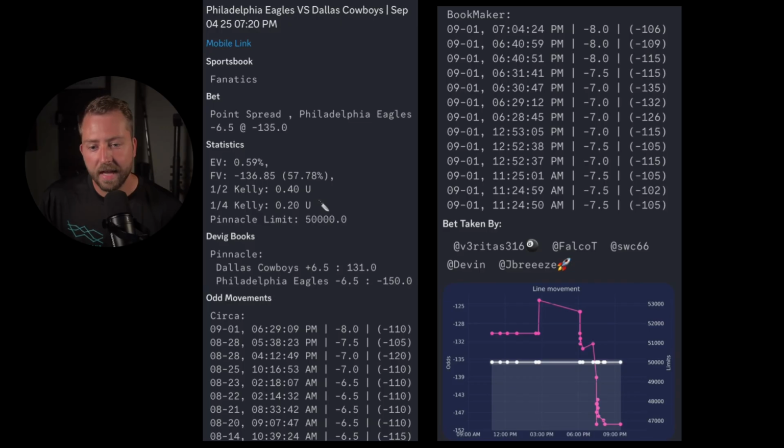In the last few days, we see Circa move from -6.5 to -7 to -7.5 to -8 for this main line. These aren't small moves. We know that these are key numbers we're moving through. -6.5 to -7 is a huge move, and then -7 to -7.5 is a huge move.